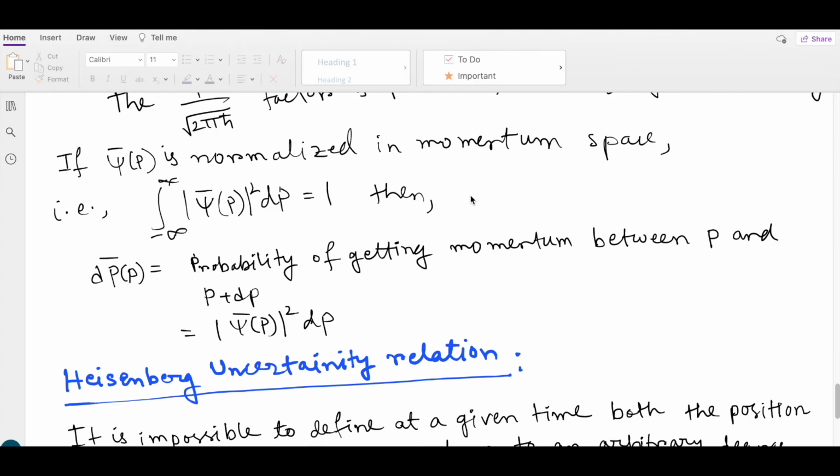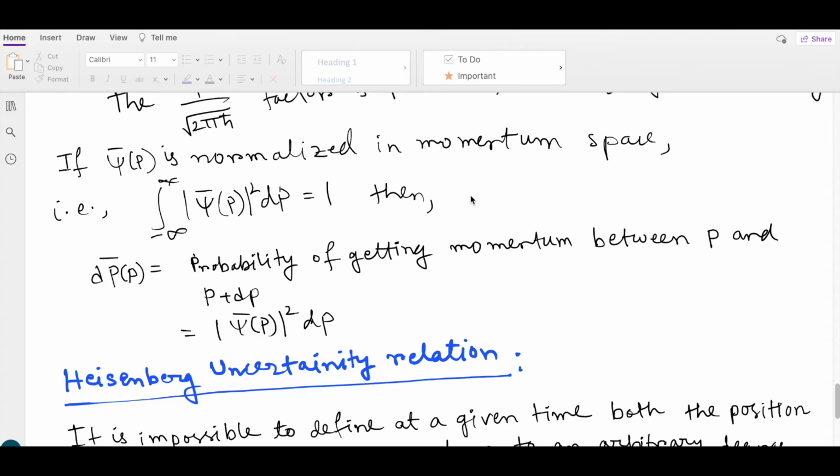If psi bar(p) is normalized in the momentum space, that is integral mod psi bar(p) square dp from minus infinity to infinity is 1, then dP bar is the probability of getting momentum between p and p plus dp, which can be written as mod psi bar(p) square dp.